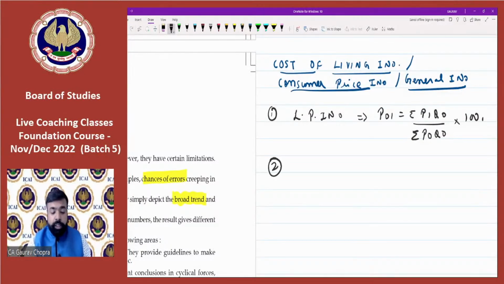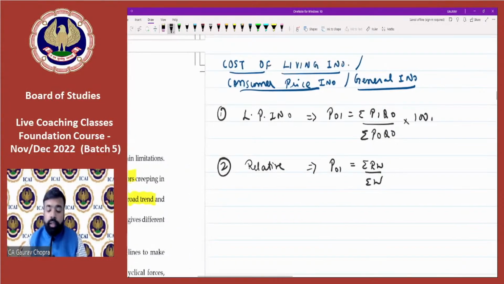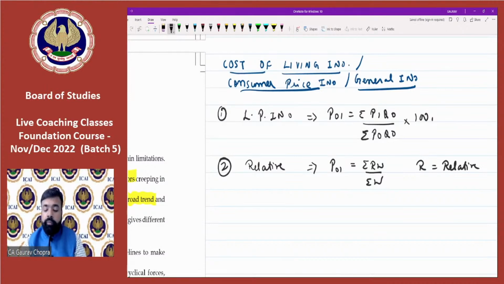And second, there is one more formula, that is the relative method. So these two formulas are used for calculation of consumer price index number or cost of living index number. So what is the formula for relative? Sigma RW upon sigma W, where R is known as price relative.